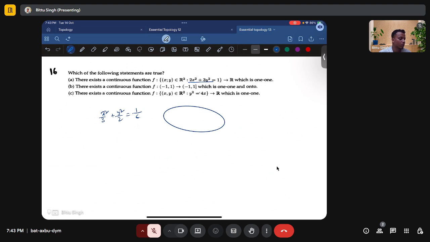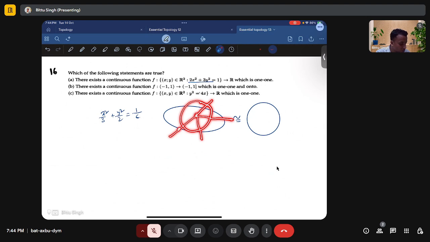But we know an ellipse is homeomorphic to a circle. Just deform properly, then we will get a homeomorphism. One way to get the homeomorphism is to use rays. If we try to write it explicitly, then send this point to the corresponding point. So this will give me an explicit homeomorphism.